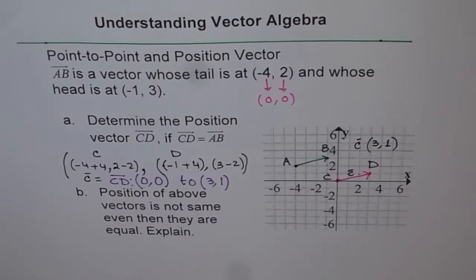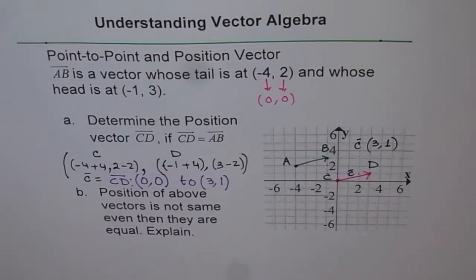So in a point-to-point vector, we need to identify both tail and head. In the position vector, we know that by default, the tail is at the origin, so it is only identified by its head position. And normally, we use capital letters like vector AB, as we have shown here, for point-to-point vectors and lowercase letters for position vectors.